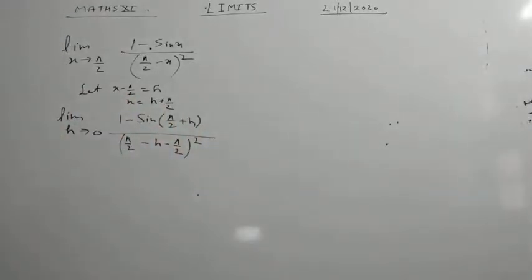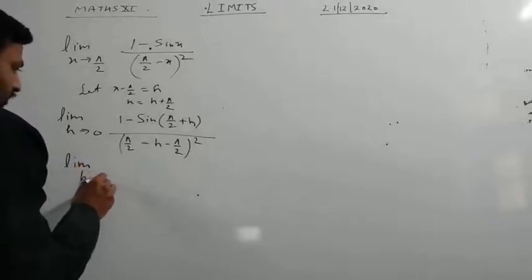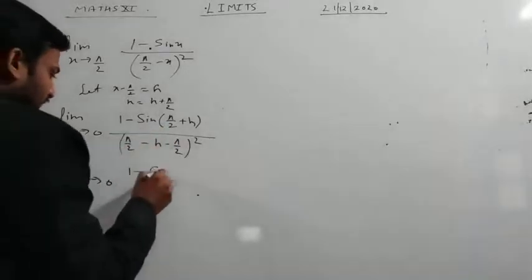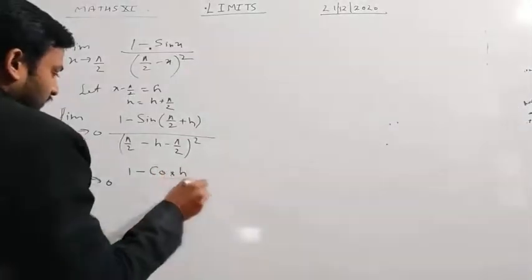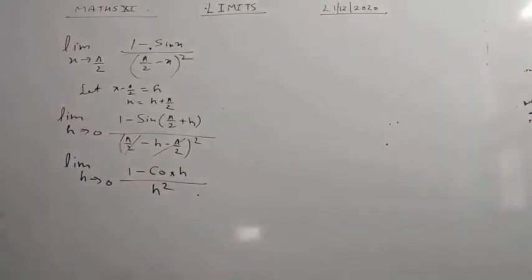Now we can write limit h tends to 0, 1 minus sin of 90 plus theta is cos theta, so cos h by h square, since this term is cancelled.